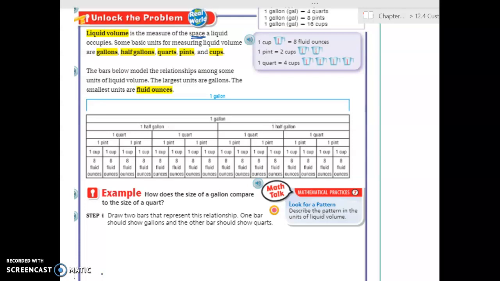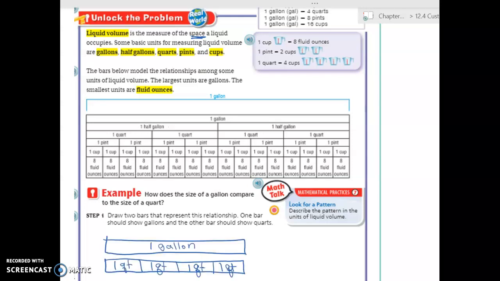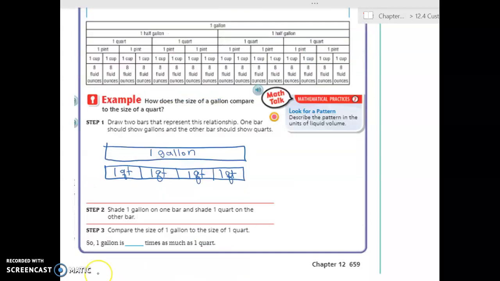How does the size of a gallon compare to the size of a quart? Draw 2 bars that represent the relationship. 1 bar should show gallons and the other bar should show quarts. As you can see, I included 2 bars. 1 equals 1 gallon, and the other equals 4 quarts. Shade 1 gallon of 1 bar and shade 1 quart on the other bar.